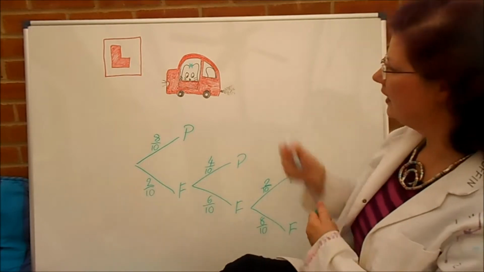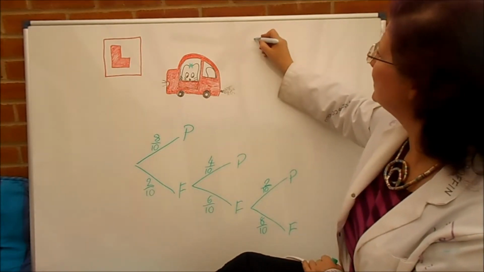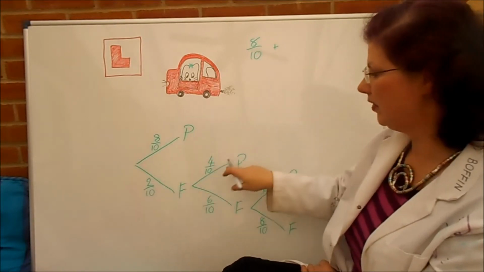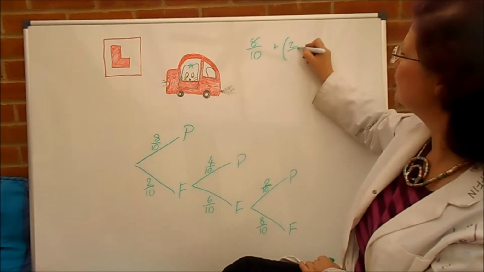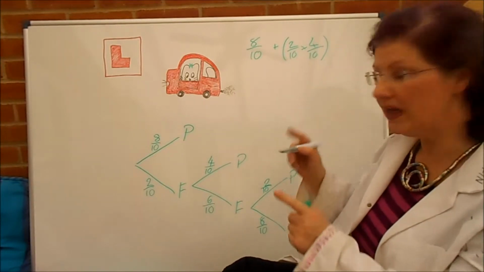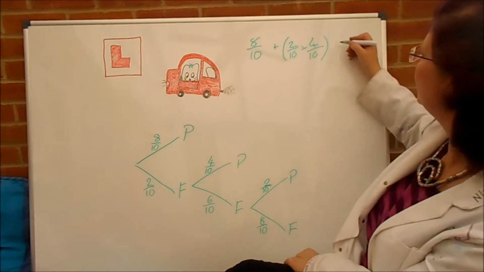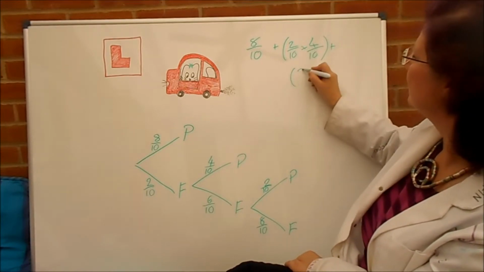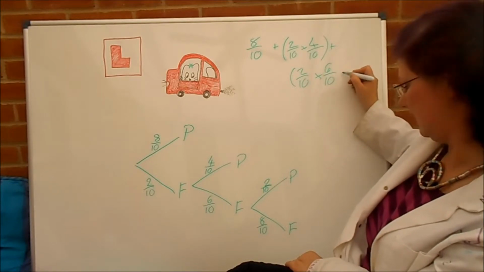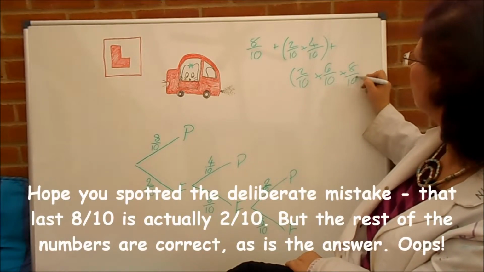So the probability of the first route is 8 out of 10, plus the probability of going the second route, which is 2 out of 10 times 4 out of 10, plus the probability of going the third route, which is 2 out of 10 times 6 out of 10 times 8 out of 10.